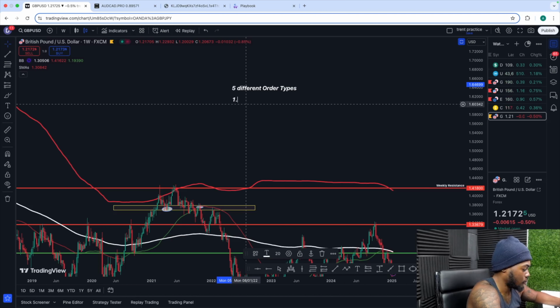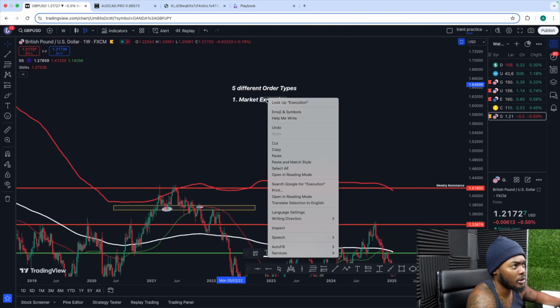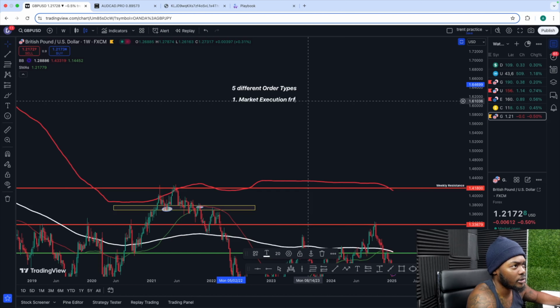The first one, number 1, is going to be market execution. I believe that's how you spell it. If not, don't mind me. I don't see nothing red under it. Anyway, y'all forgive me, I cannot spell, but I can count. Market execution is the first one.